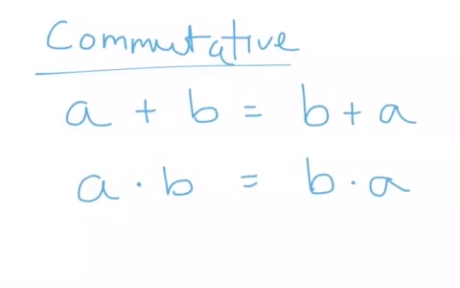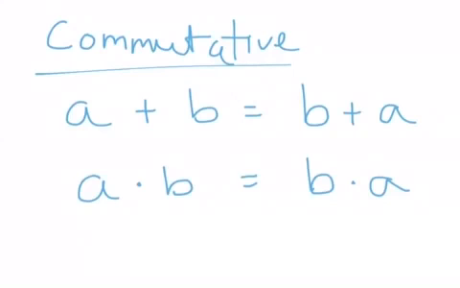The commutative property is also something we talked about, and it works with addition and multiplication only. Obviously it does not work with subtraction or division because you can't go frontwards or backwards with division and subtraction. So it just states basically that a plus b equals b plus a. It does not matter which one you add first or what order you add them in. They're always going to equal the same thing.